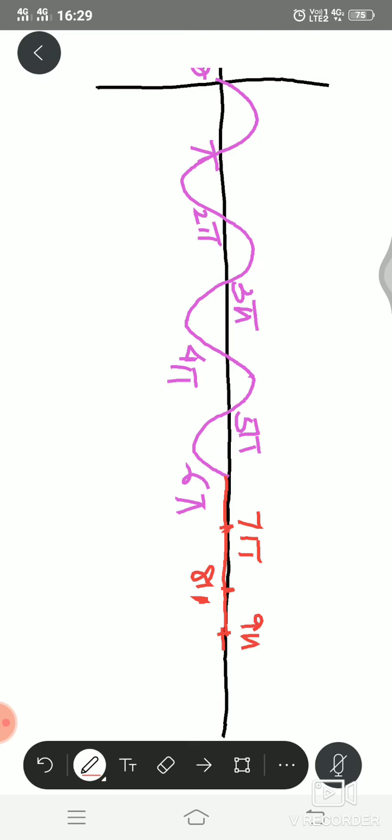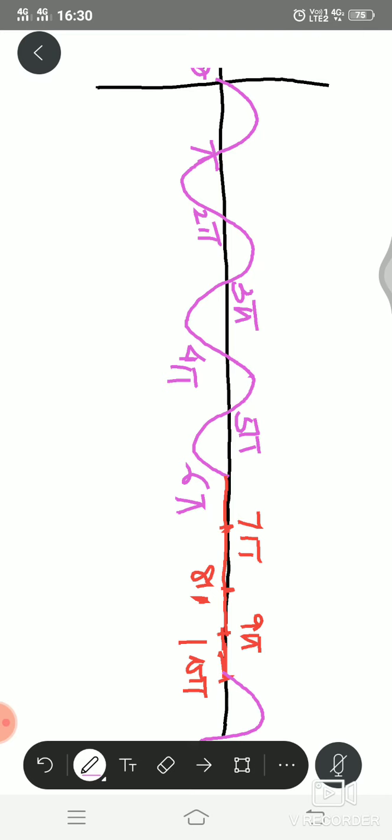9 pi, and 10 pi. So another 4 pi duration, we are making it off. And after this, we are once again controlling T1, T2 simultaneously.